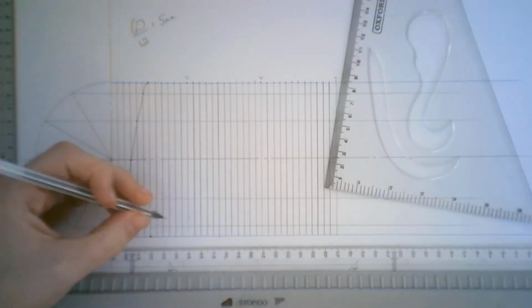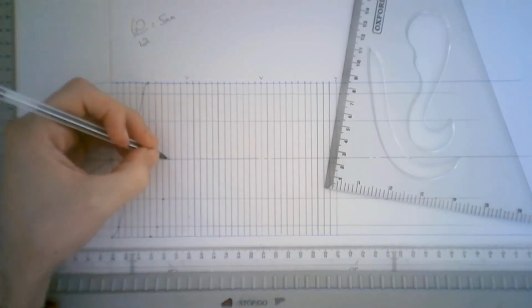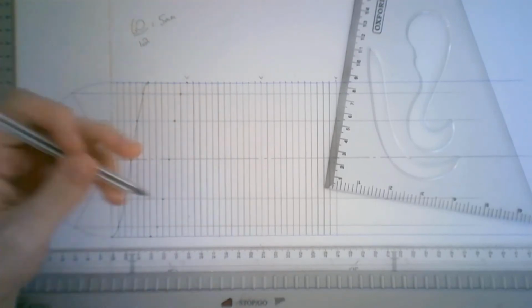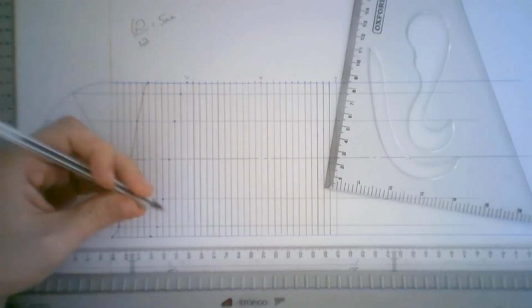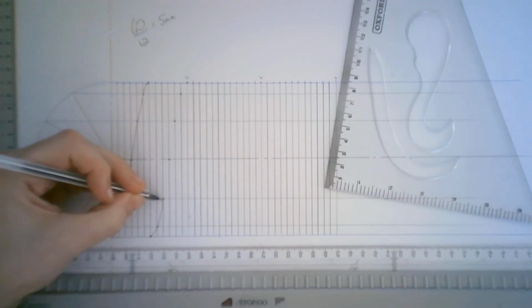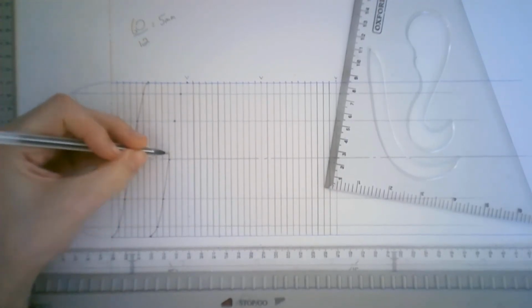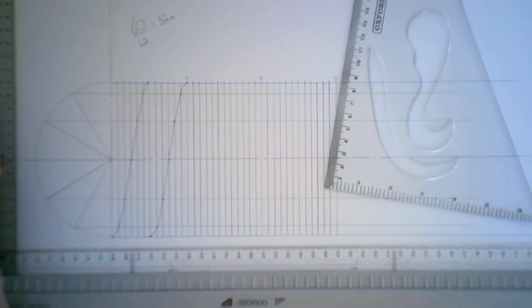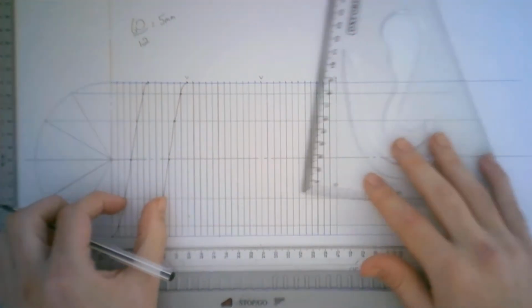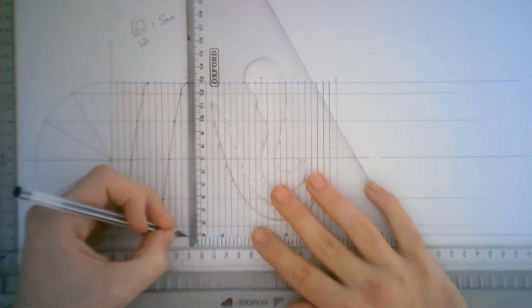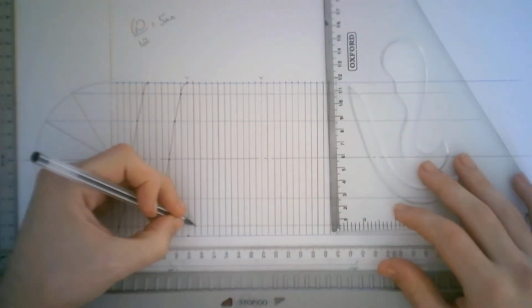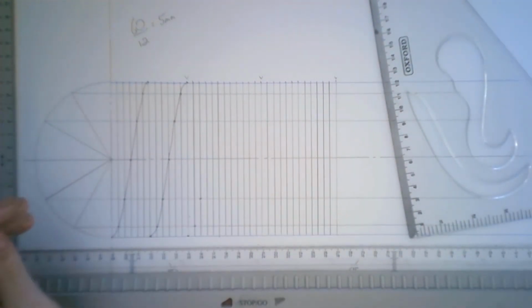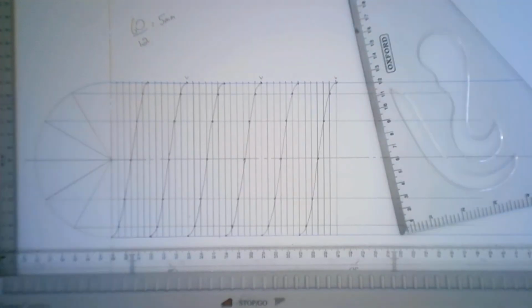Okay, so I'll start from here, and it should end up here. So I could have started from here, going backwards. Now I repeat this on the second one here, so I will start again from here. And for the whole 3 turns.